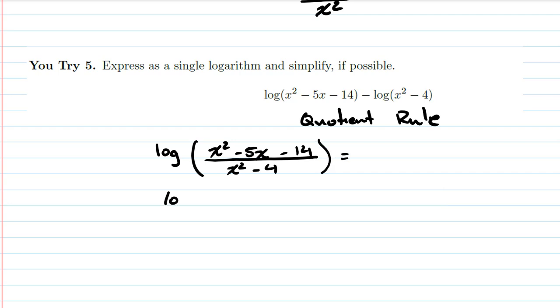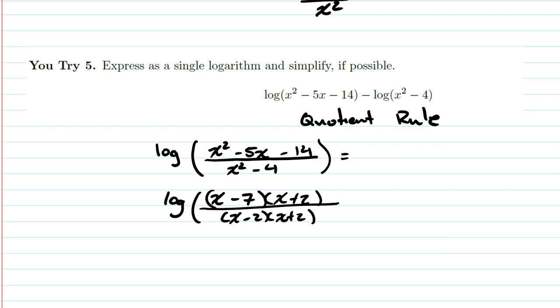And then we factor each of these. So factors of negative 14 that give us negative 5, well, 14 has factors 7 and 2, so that's negative 7 and positive 2. And then we have the difference of squares, so that's x minus 2 over x plus 2.